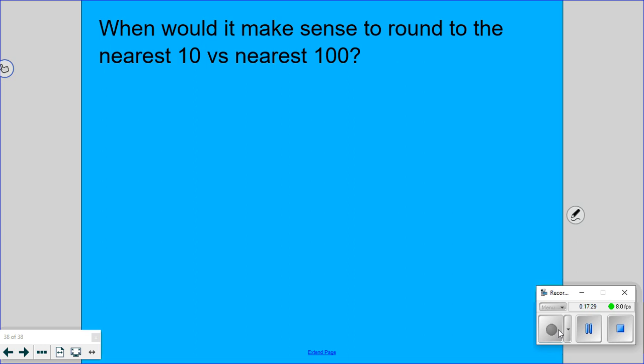Yeah. We're just kind of ballparking. There's no real reason either way. So if we're using the nearest 100, we don't need a close answer. We can just kind of say, ish. If we're rounding to the nearest 10, we need something much closer. Does that make sense? We're going to talk about this. You see this on those yellow cards. I've already had people ask me about it on those yellow cards that are in your notebook.